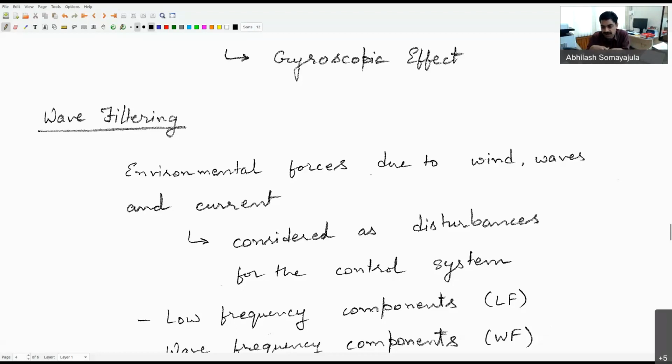I don't want my actuators to try to correct for it, or I don't want my rudder moving in order to correct for those disturbances. I want it to correct for the slowly varying and the mean loads, for which I want to maintain the same orientation. But a wave, we know, is a cyclical effect, which means it will just do this and come back in the very next cycle. Within that cycle, I do not want to do compensation.